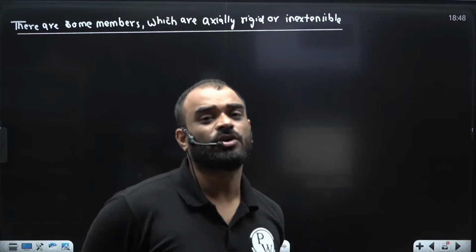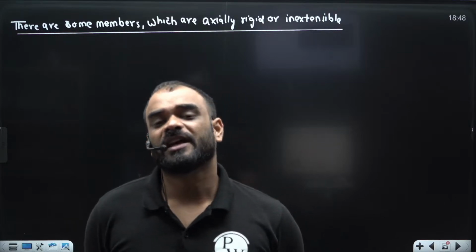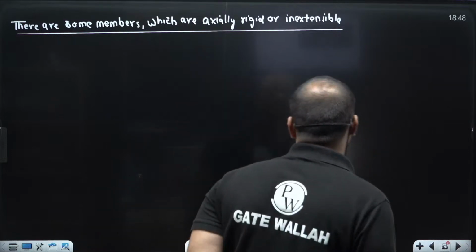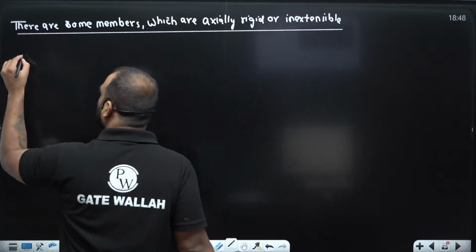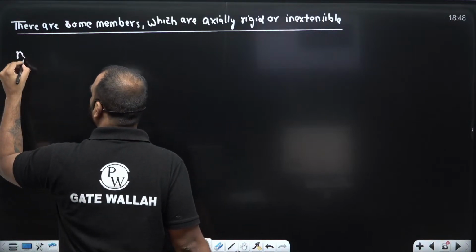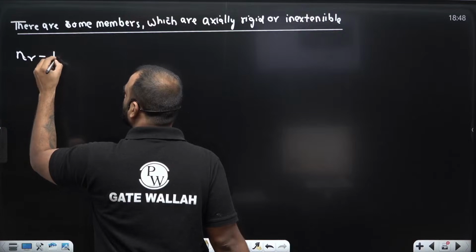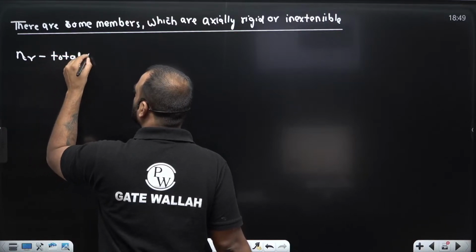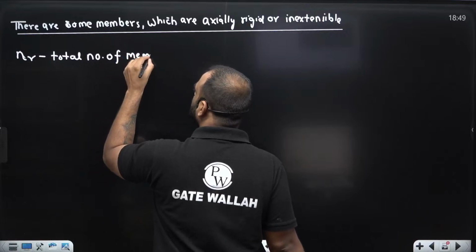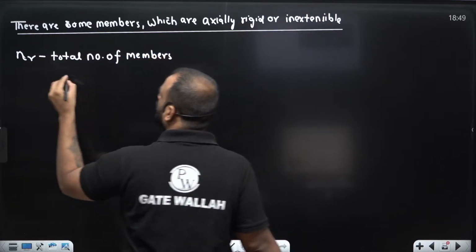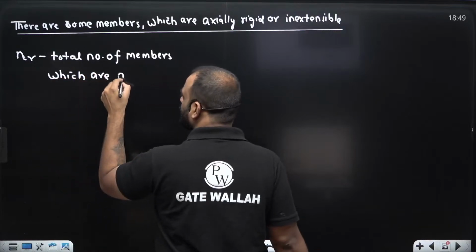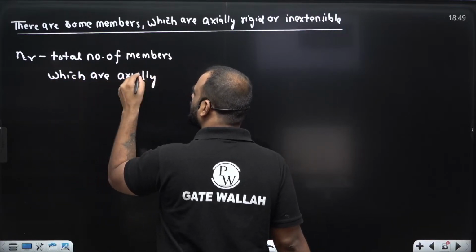So if it is 0 or not possible, then you need to remove it from dk. Let us consider nr is the total number of members which are axially rigid.